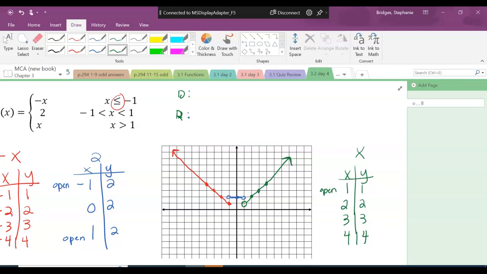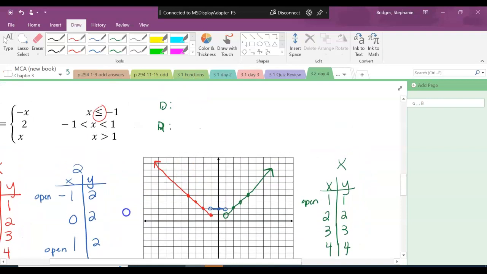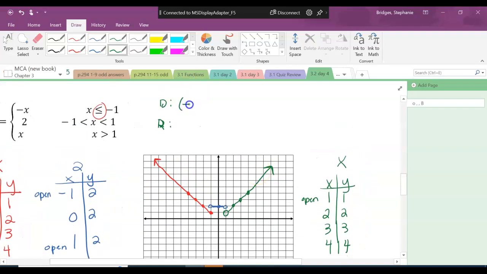No, so what is my hole going to be at? Where am I going to stop? At 1. And then I'm going to pick back up and go from 1 to infinity. So my domain is negative infinity to 1. I'm skipping over 1 because I have a hole in both pieces of my graph. And then I go from 1 to positive infinity.